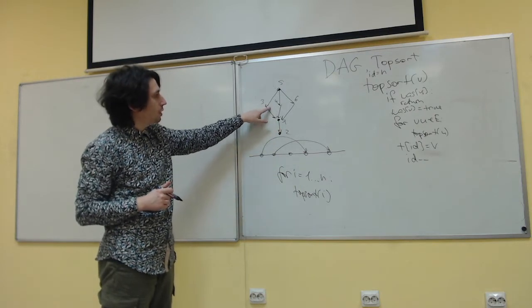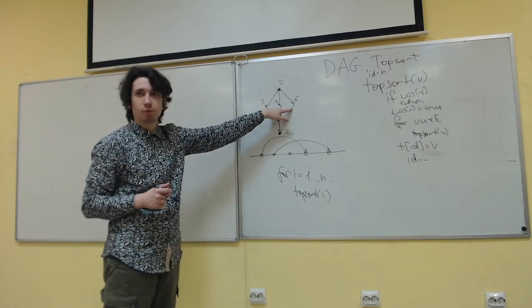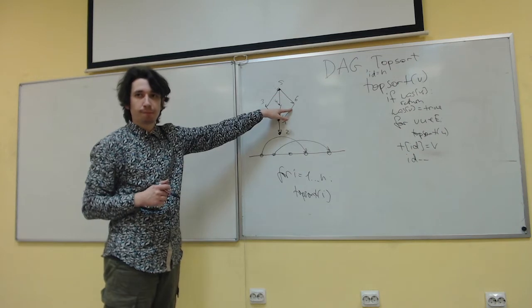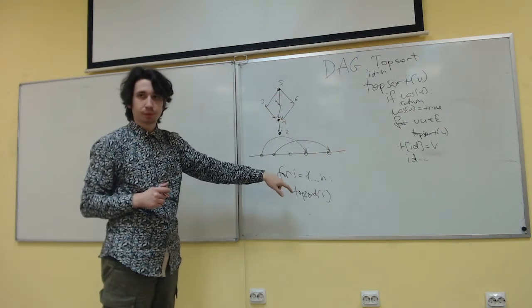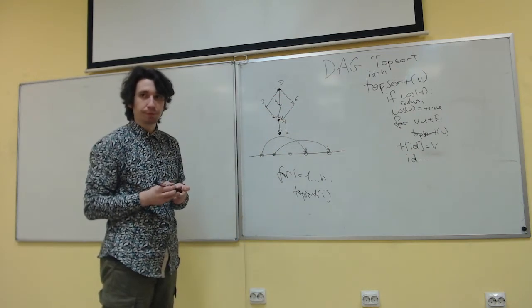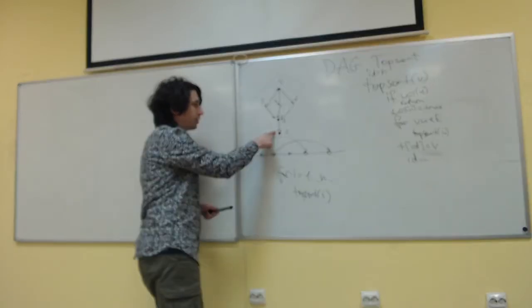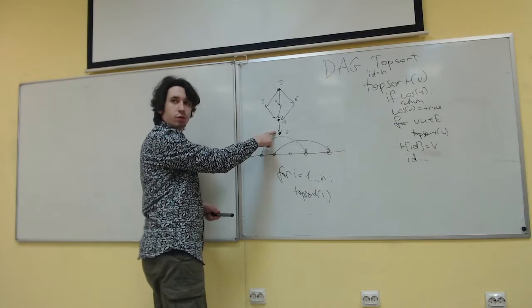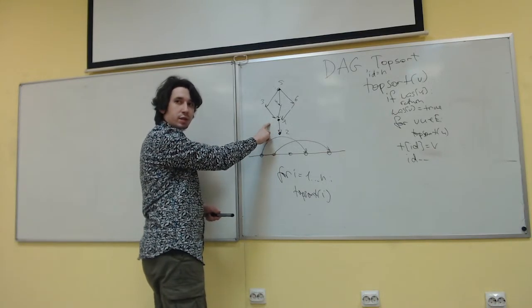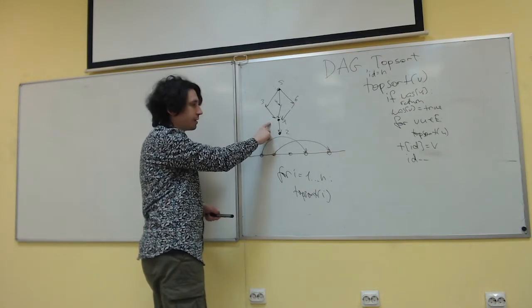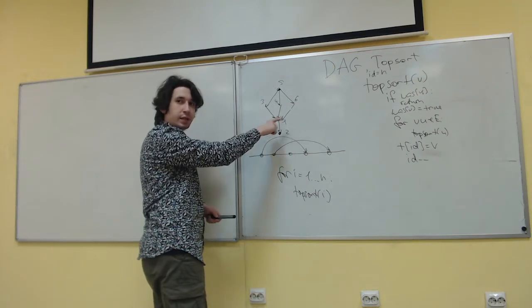Then you visit 3, then 4, then 5, then 6, because of the order of how we call them. So from 1, the only reachable vertex is 2, so you visited only 2 vertices in this case. And you set them the maximal identifier.